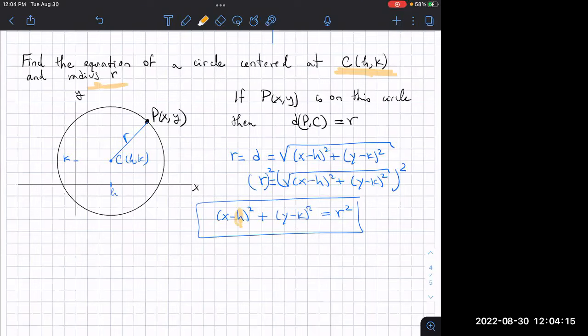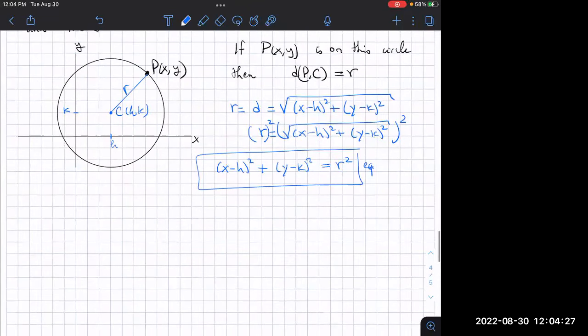Notice where the h, k are, right there, and the radius r.